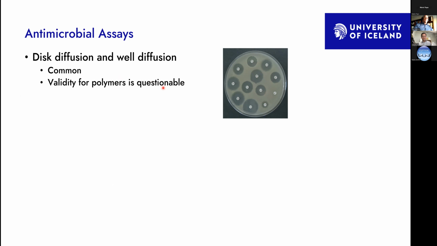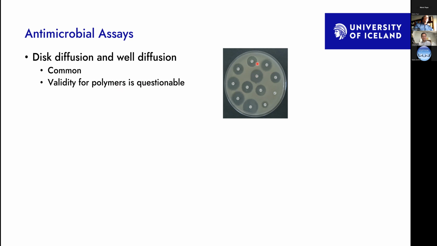However, I would somewhat criticize this and have questions about it, which we are going to report more on later. It is designed for small molecules, and the size of the zone is the activity of the material multiplied by the diffusion coefficient.